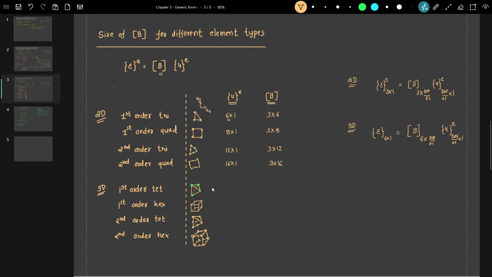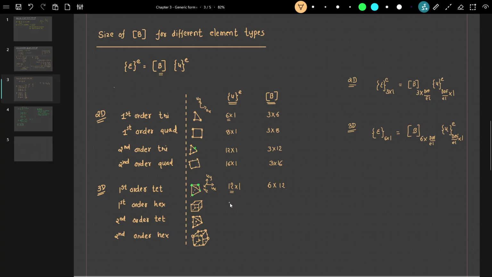So let's say for first order tet element, it has 4 nodes and each node has 3 degrees of freedom, that is translation in X, translation in Y, translation in Z. So 4 into 3 is 12 degrees of freedom per element. B matrix is number of stress components 6 by DOF per element. So 6 by 12.